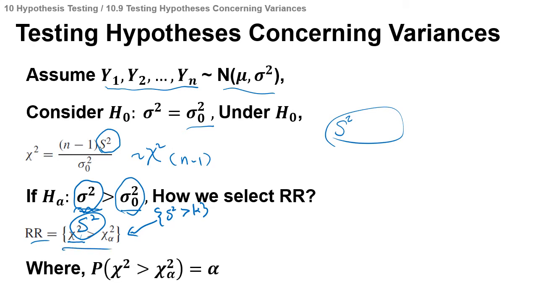We can calculate the chi-square alpha using this probability distribution.